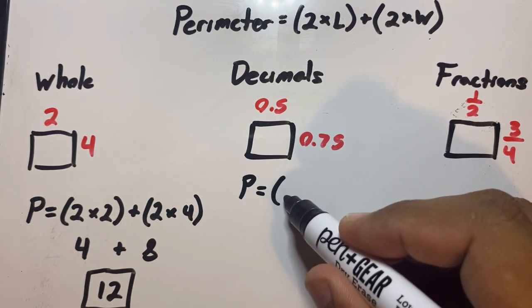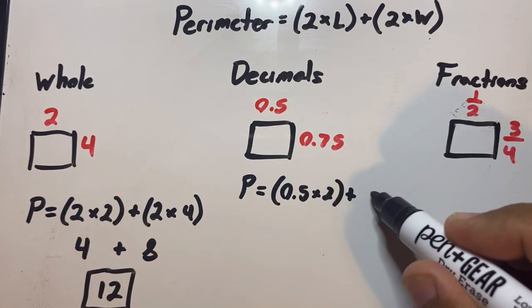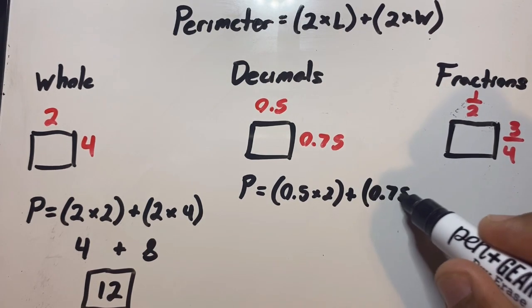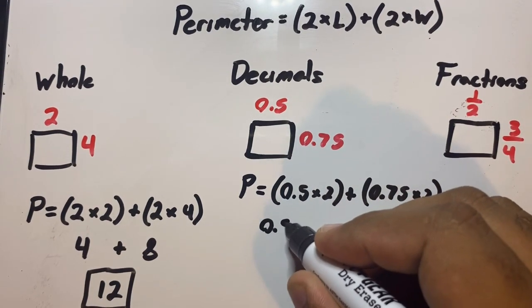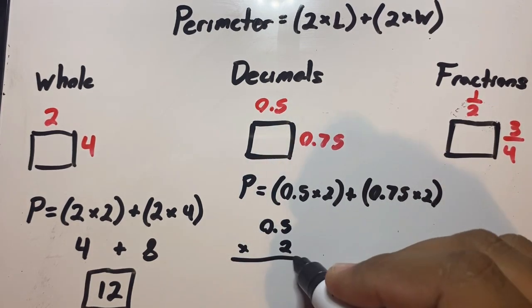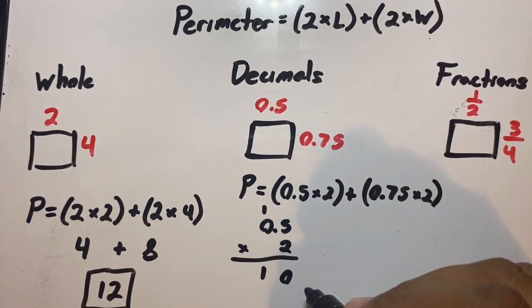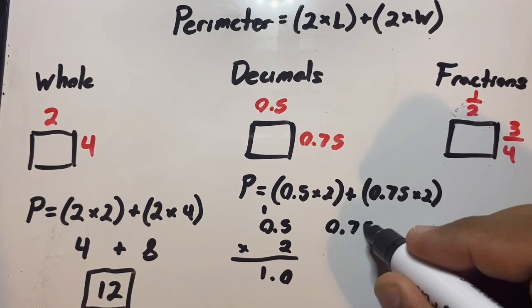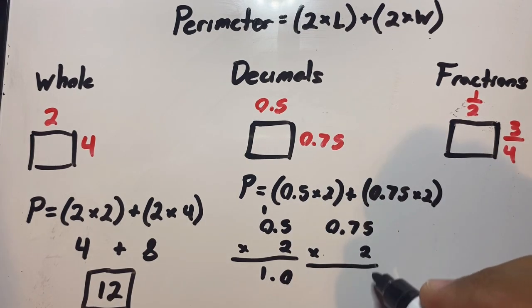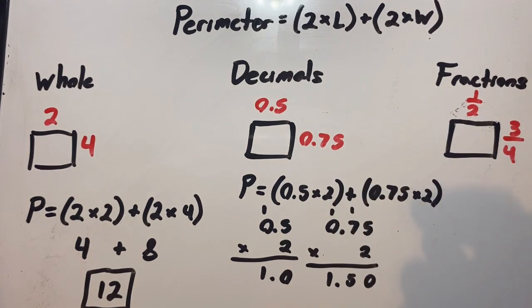We're going to have 0.5 times 2 plus 0.75 times 2. 0.5 times 2 would be 1. 0.75 times 2 is 1.50.